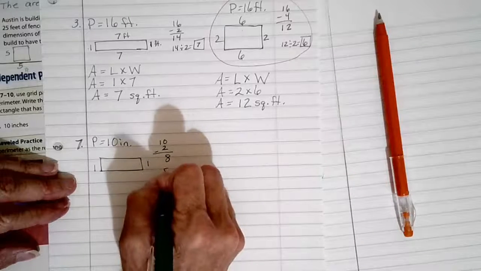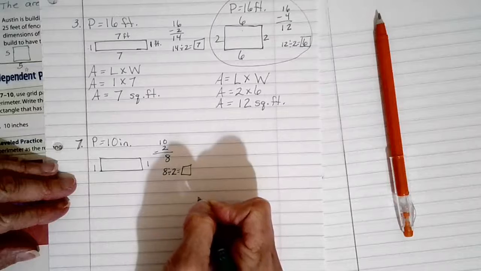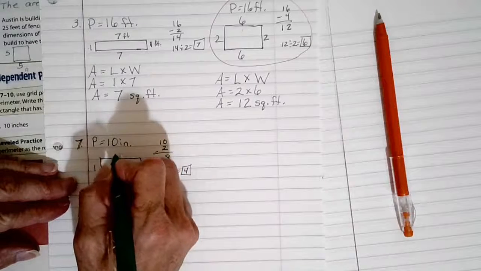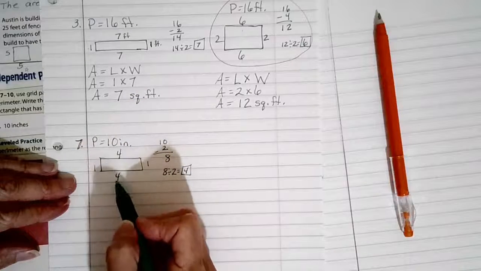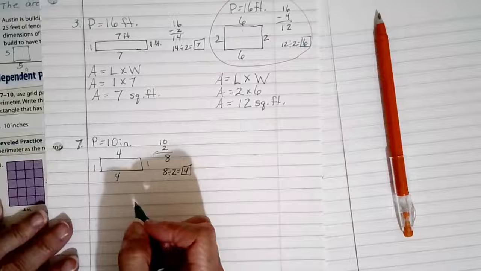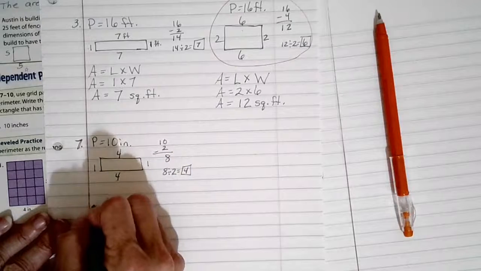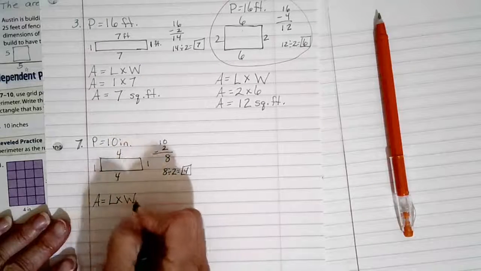So 8 divided by 2 equals what? It equals 4. So remember, my double 4 plus 4 equals 8. So is my perimeter 10? 4 plus 4 is 8, 9, and 10. It sure is. So now we just have to solve for the area. And area equals length times width.